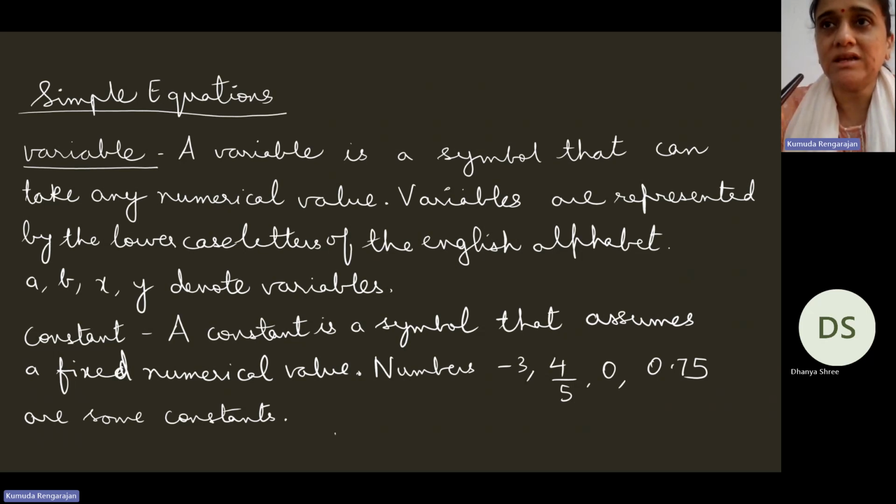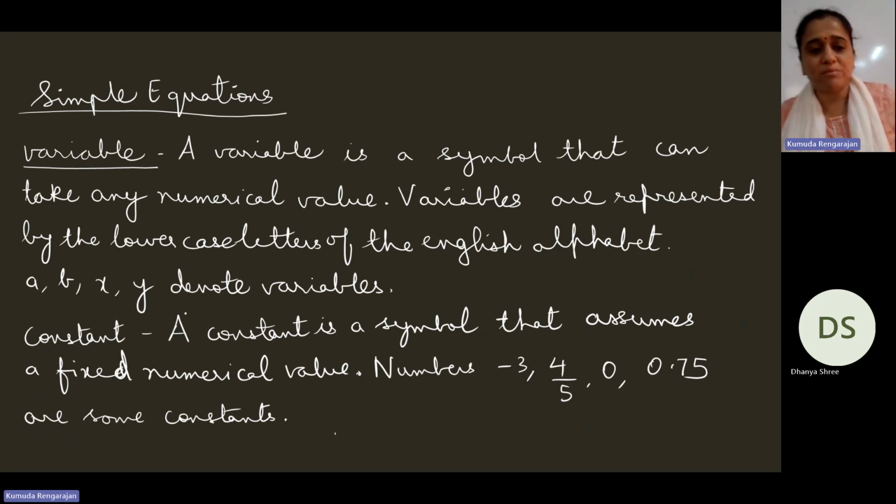A constant is also a symbol, but it assumes a fixed numerical value. Got the definition? A variable is a symbol that can take any numerical value, but a constant is a symbol that assumes a fixed numerical value.